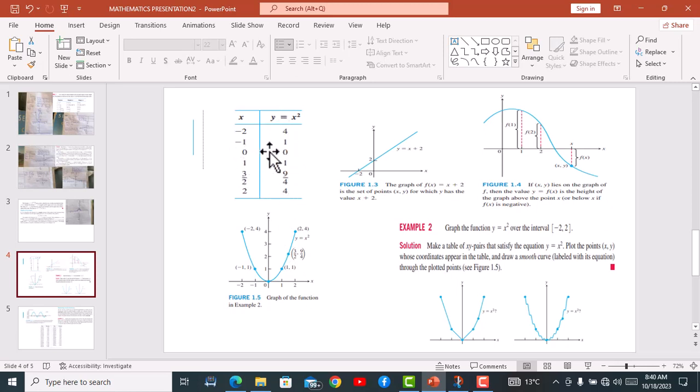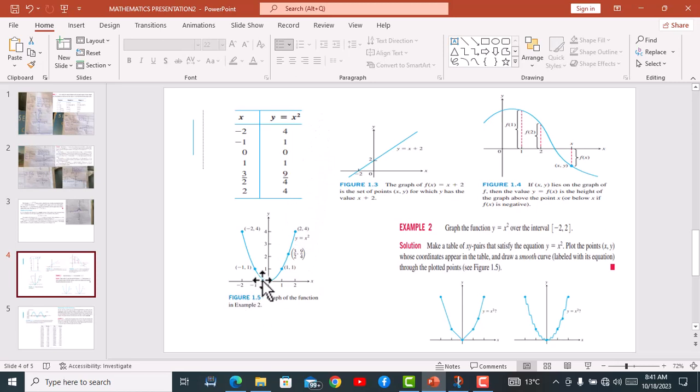When the value of x is 0, y is 0, because 0 squared is 0. When it's 1, it's 1. And when the value of x is now 3.5, we have 9.25. When x is 2, the value of y is 4. So the relationship between x and y is that as you increase the values of x, as you go to the right, we expect higher values of y.